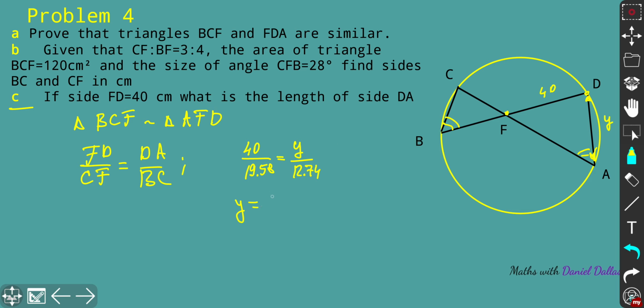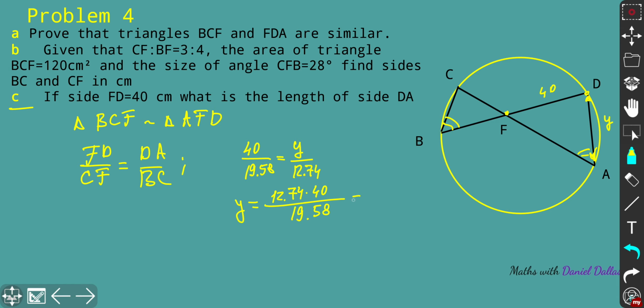It's a simple ratio that we can resolve pretty easily. Cross multiplication: 12.74 times 40, and we divide by 19.58. And now what's left is just to calculate that: 40 times 12.74, divided by 19.58.